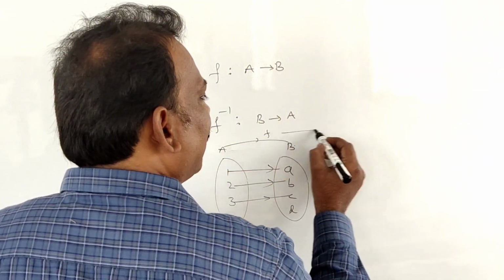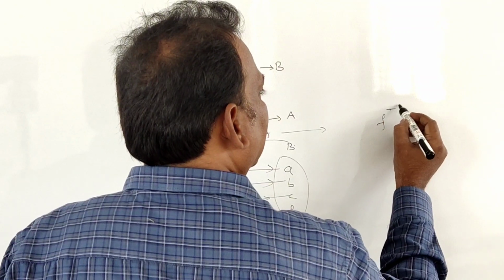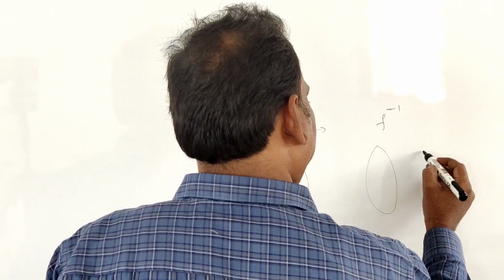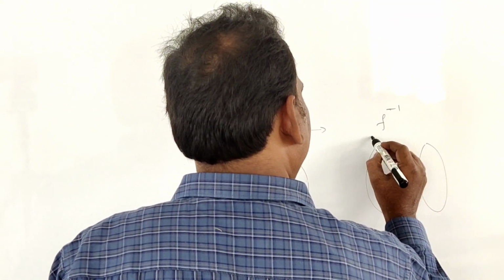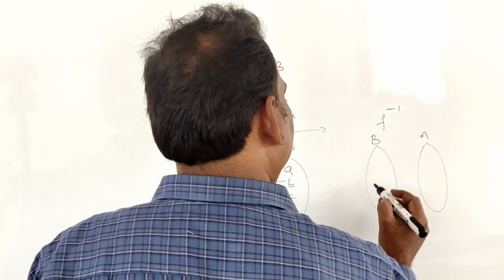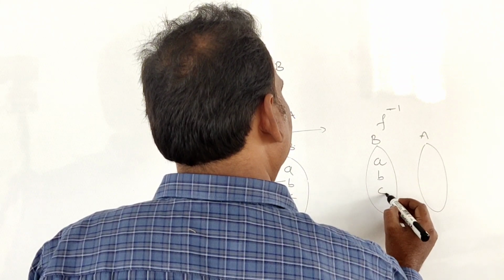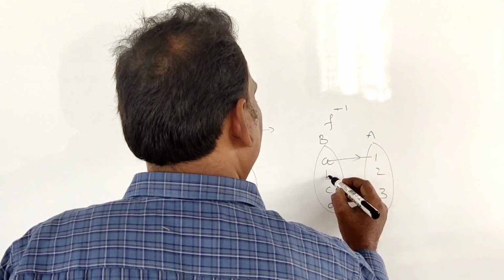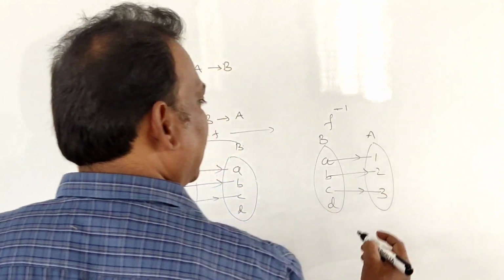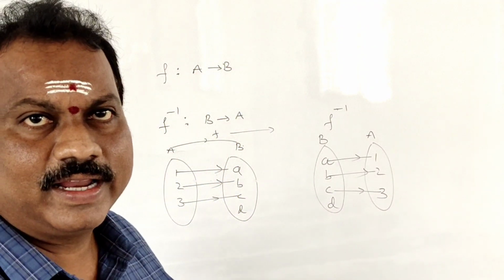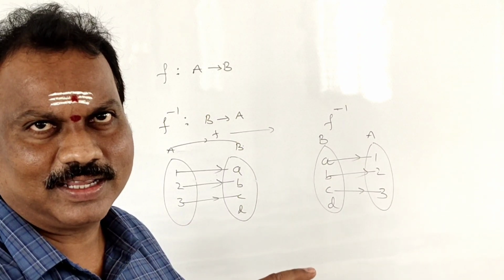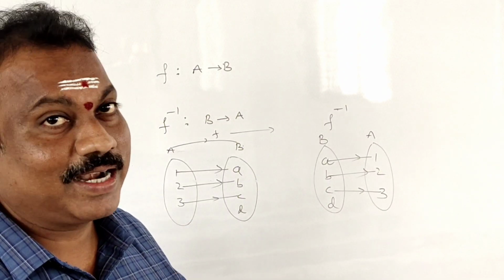If you want to find the inverse of this function, you have to interchange this. That means B you have to take here and A you have to take here. This is the B set and this is the A set. Here we have a, b, c, d and here we have 1, 2, 3. So this is their relation. It is not a function, it is an inverse function, but it is not a function.